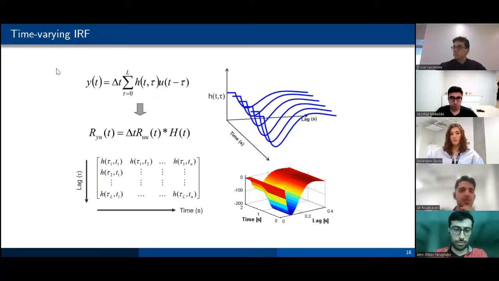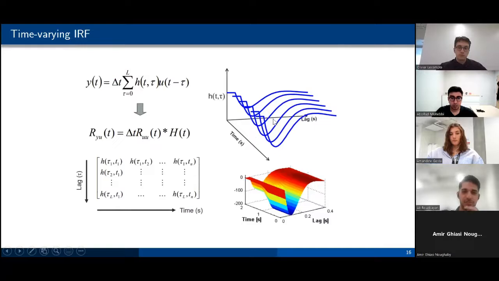For example, we can estimate a time-varying IRF, meaning we can estimate a single IRF for each instant in time, and then we will have this three-dimensional model, which gives us a particular model for each instant of time. This is how we can predict the output of a time-varying system using the IRF.